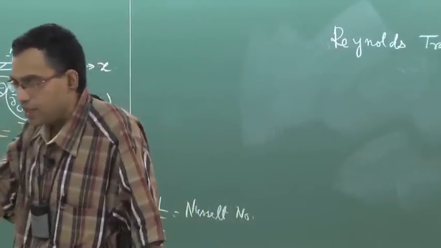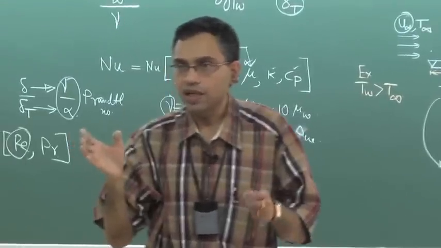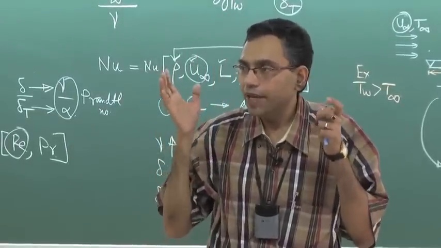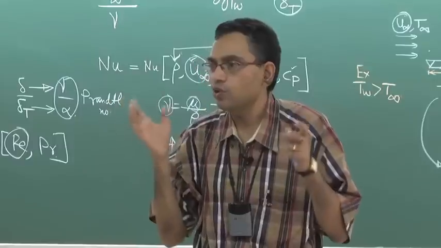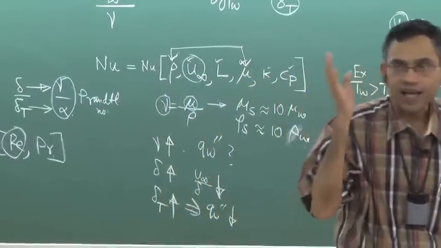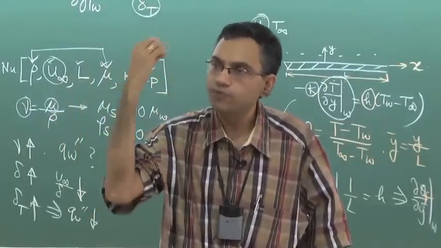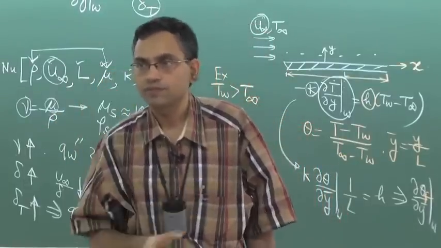So you have a control mass system, which in a mechanistic approach is also known as the Lagrangian approach. That is, you track the motion of identified particles. The particles may be solid particles, fluid particles, whatever.